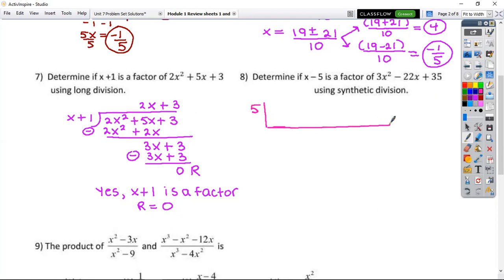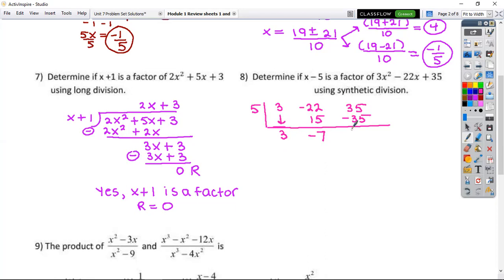So I have a 3, a negative 22, and a 35. So my first value comes straight down. And 3 times 5 is 15. Addition gives me a negative 7. You're going to do it again. So negative 7 times 5 is, yeah, negative 35.